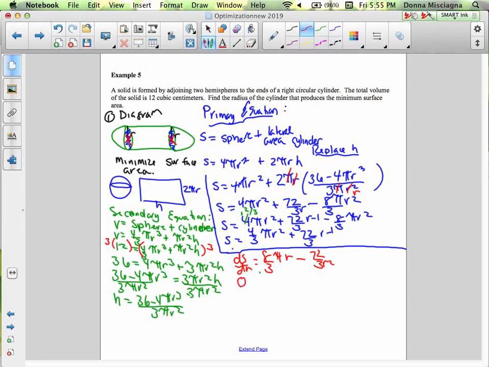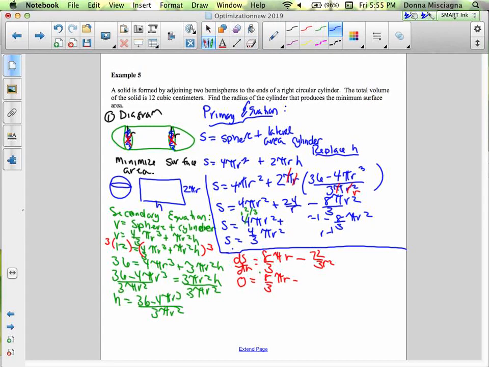Now we took the derivative, so we can set that equal to 0 and solve. So 0 equals 8/3 pi r minus 72 over 3r squared. Oh, you know, we could reduce that. 72 is divisible by 3. I don't know why I didn't reduce that earlier. Let's just make that a nicer number. 72 divided by 3 would be 24.